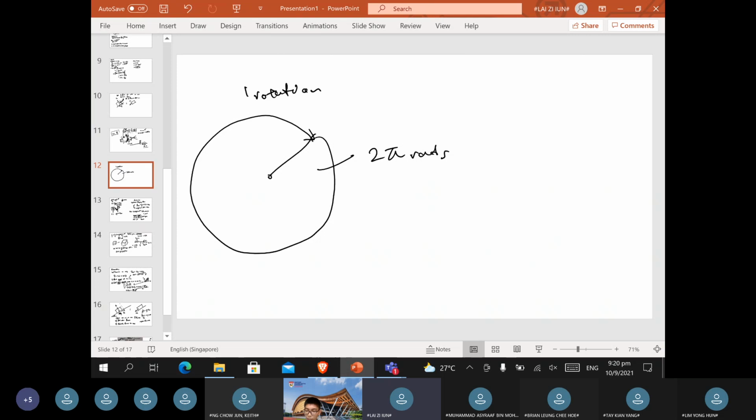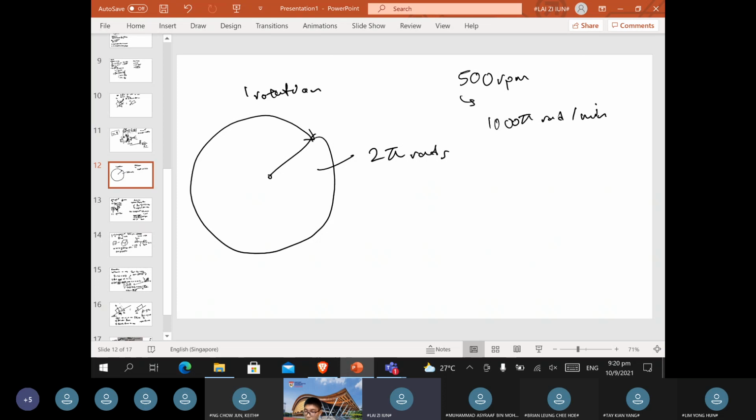So if I tell you an engine runs at say 500 RPM, this is equal to how many radians? Yes, correct. 500 times 2 pi, so it's just 1000 pi radians per minute.